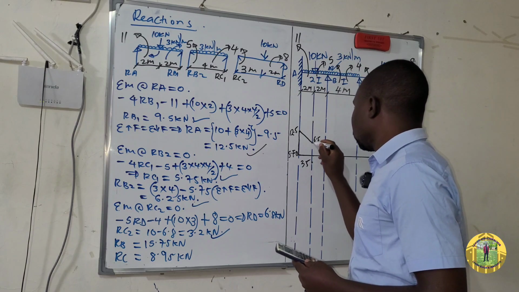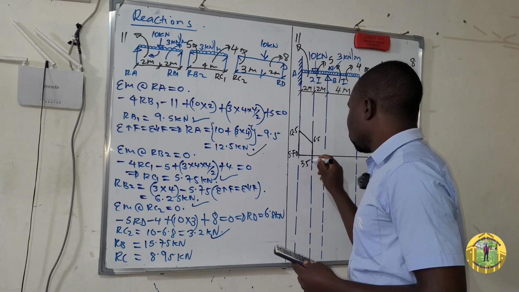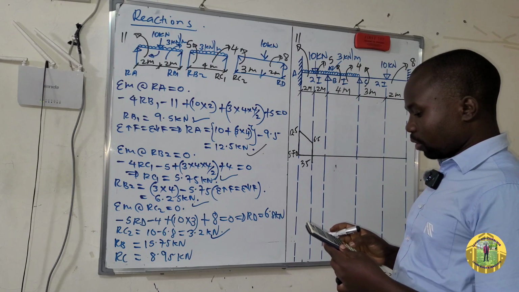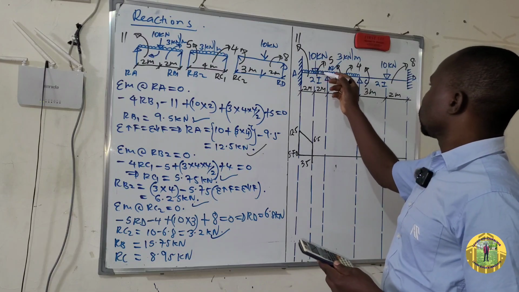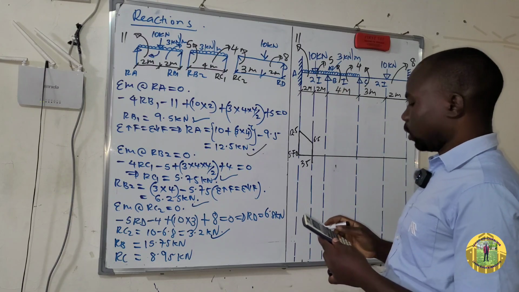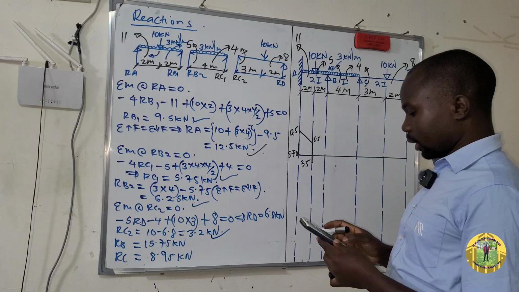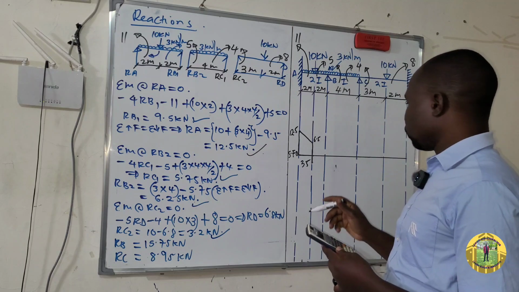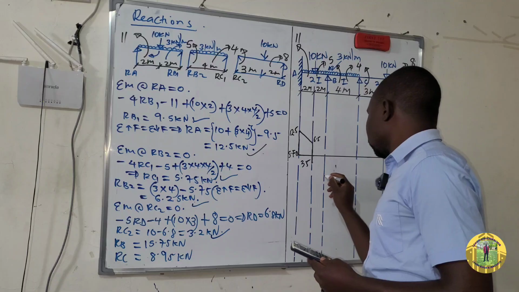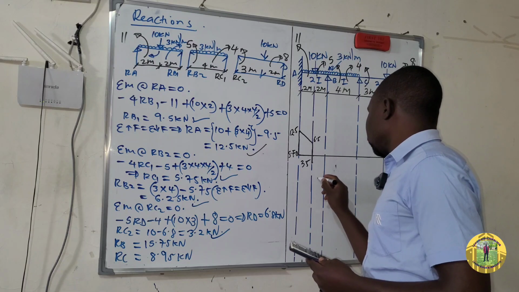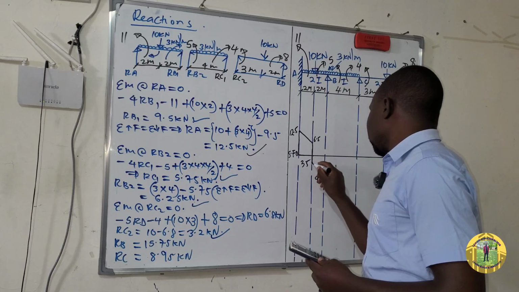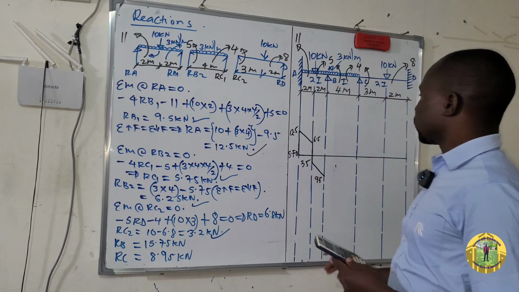So negative 3.5 minus UDL from here to here, so minus 3 times 2, which is 6. You'll get negative 9.5 somewhere like here, and then an inclined line like that.